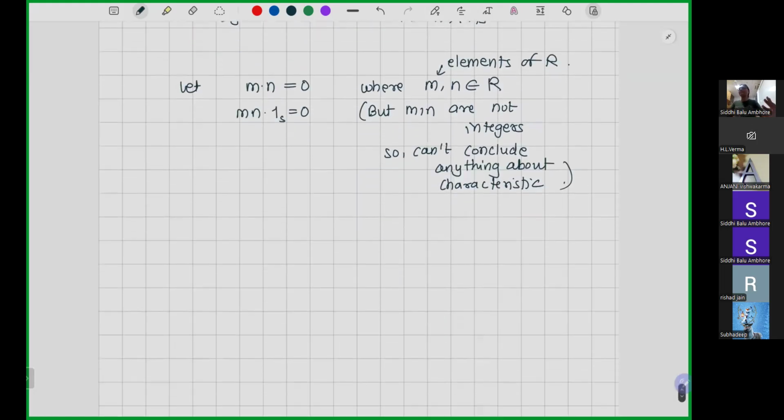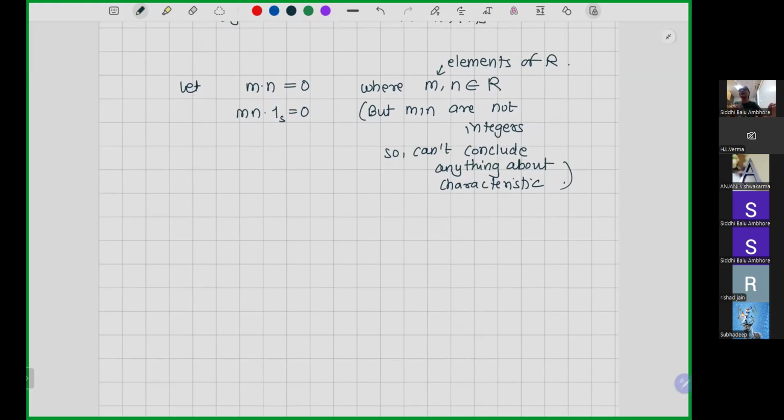Others, feel free to give your suggestions or guesses or anything. If you get any counterexample, please let us know. Q, R, C are also examples. Yes, exactly. Q, R, C are also examples with infinite, what I can say, with characteristic 0.